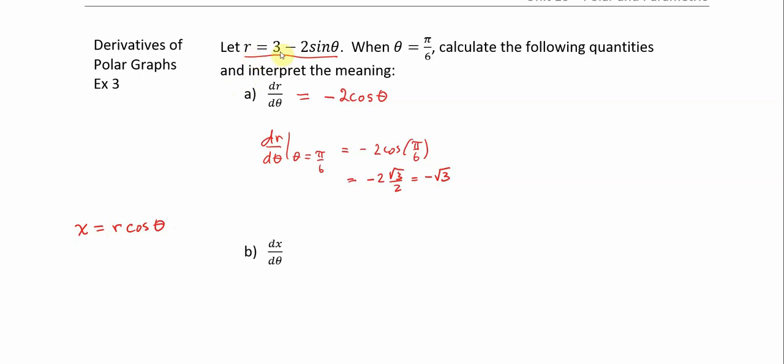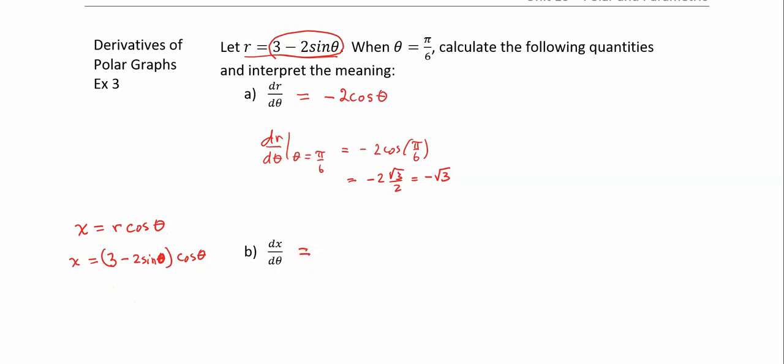Therefore, if we use this formula, x is equal to r, but r is just this part here, so this is equal to 3 minus 2 sine theta times cosine of theta. So it gets a little bit messier. x is equal to r cosine of theta, r is equal to this equation. Now you make that substitution, and it's maybe a little bit messy, but I'm sure we can take the derivative of it pretty straightforwardly.